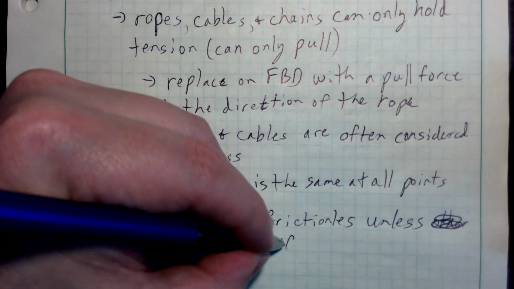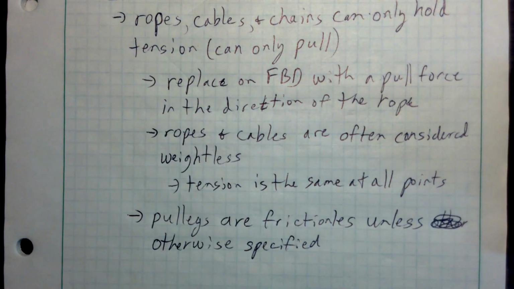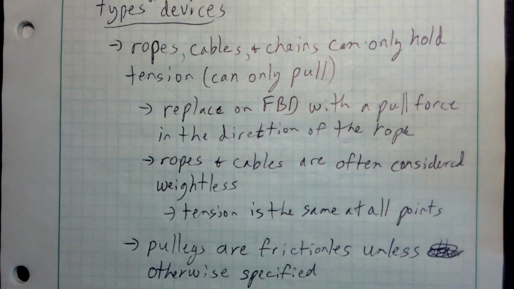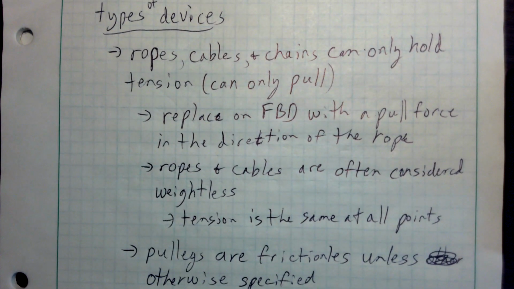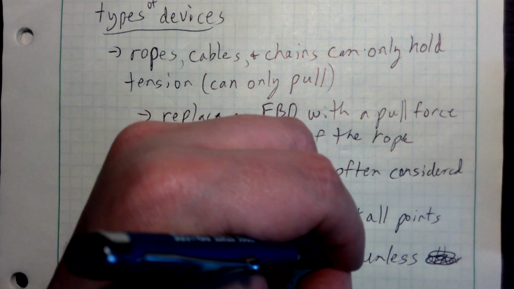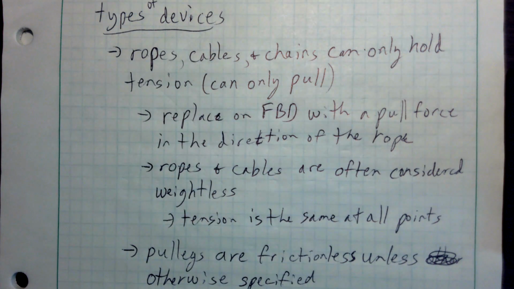So we're going to go to the physics store, I like to say, and buy frictionless pulleys, because frictionless pulleys don't actually exist. They exist hypothetically in the physics store, but that's about it. However, what we're going to do is assume that the friction in those pulleys is significantly less than all the other forces at play.